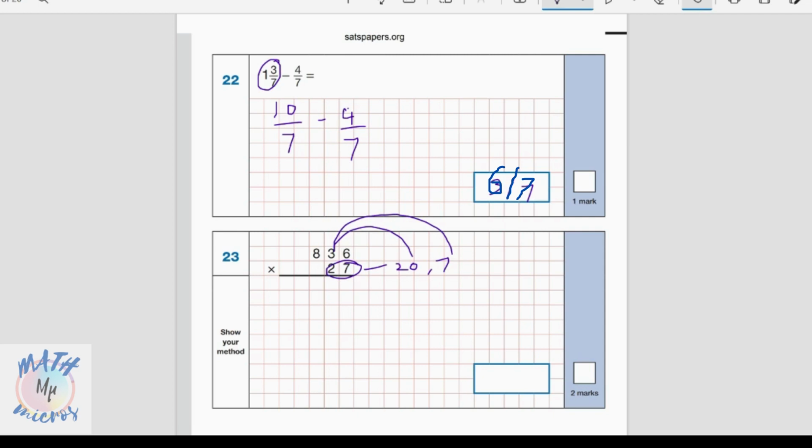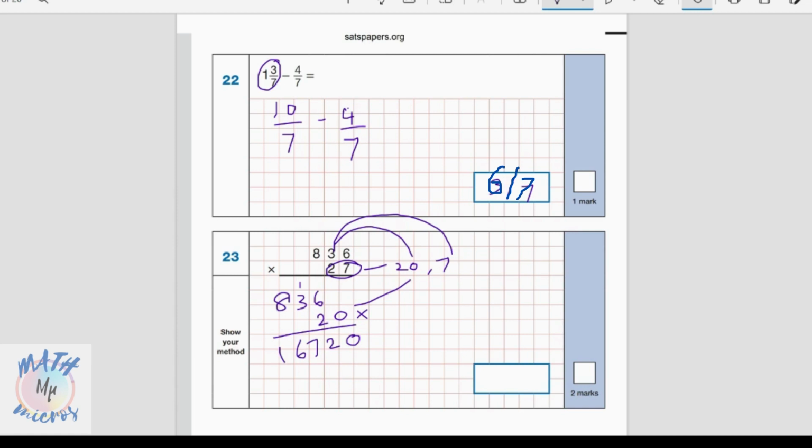All right. So when I multiply 836 by 20, okay, so there is a 0 there. So I add the 0 at the end and I multiply. Fine. So 6 times 2 is 12. 3 2s are 6 plus 1 is 7. 8 2s are 16. So this is the answer.